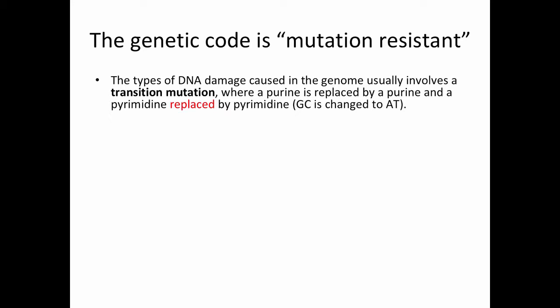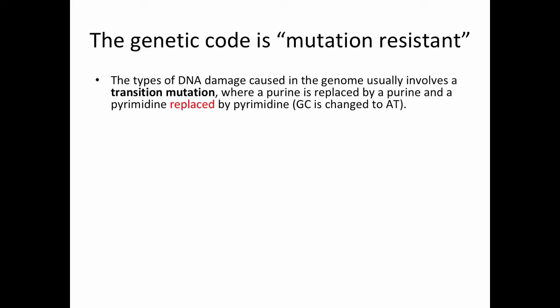The types of damage that's usually caused in the genome involves what's called a transition mutation. And that means that if a purine, something happened, like you have a lesion, and let's say it's an adenine, and you need to replace it, then usually that replacement is still going to be a purine.